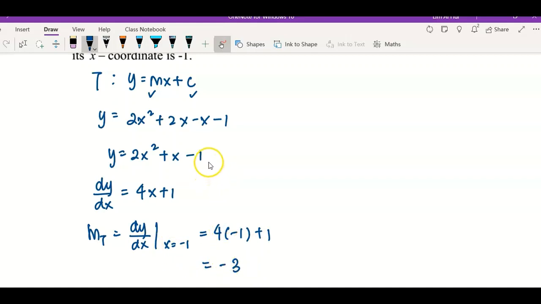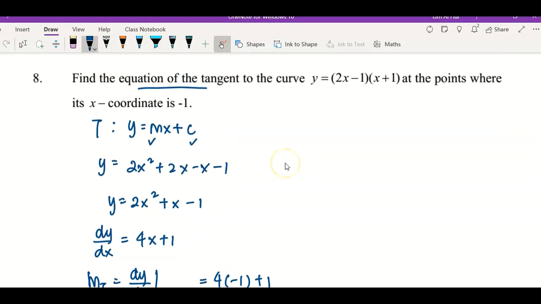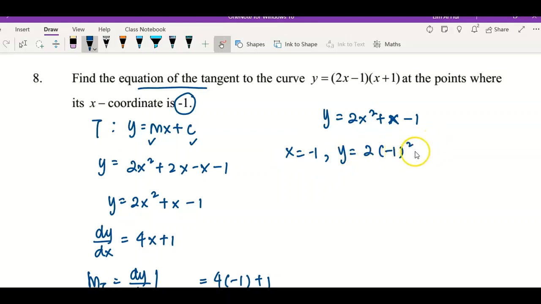Then I need one point in order to get the equation of the tangent. So how do you get the one point? Since the question gave only the x coordinate, to get the y coordinate we just substitute -1 into the curve function. Given that the curve function is y equals 2x squared plus x minus 1, because I already expanded it, when x equals -1, what is the value of y?